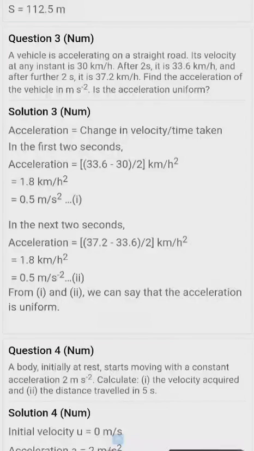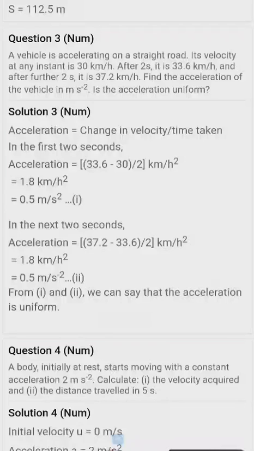So in both the cases, the final velocity will differ. Even the initial velocity is differing, but the time is the same. The acceleration is also the same. So we can say it is moving with uniform acceleration.